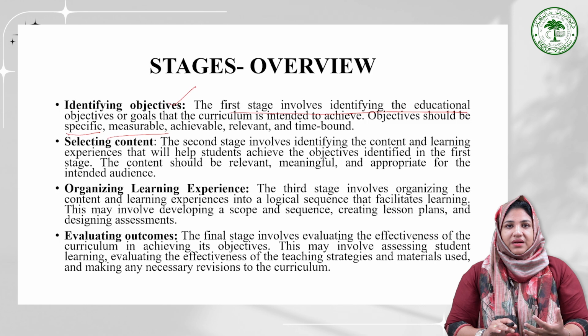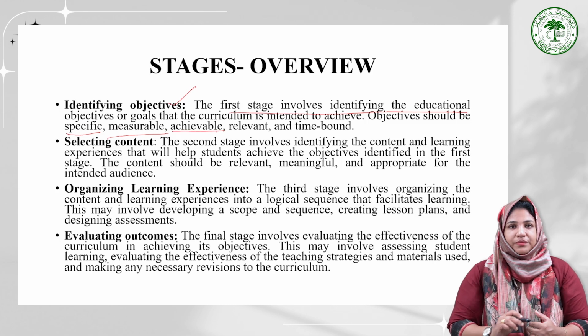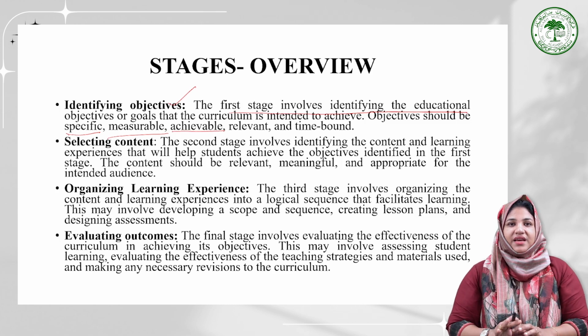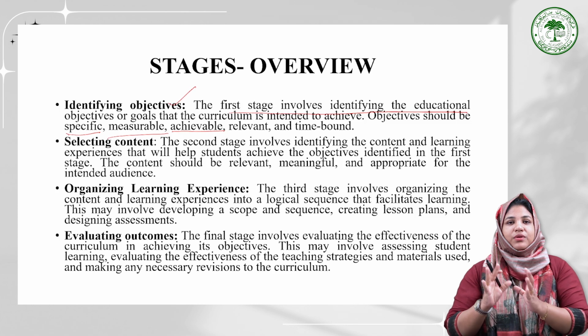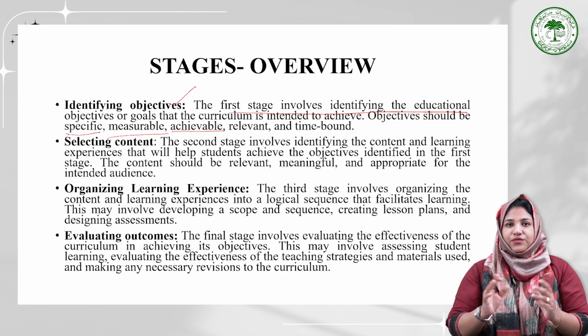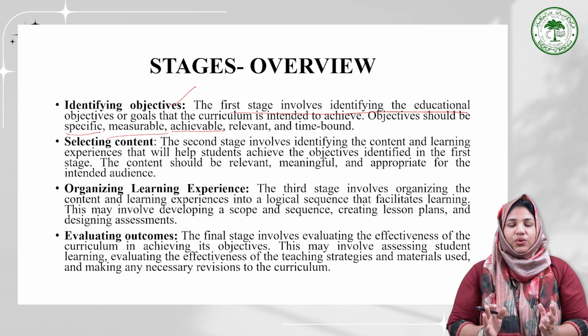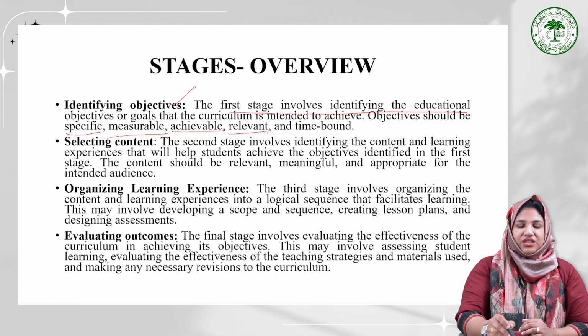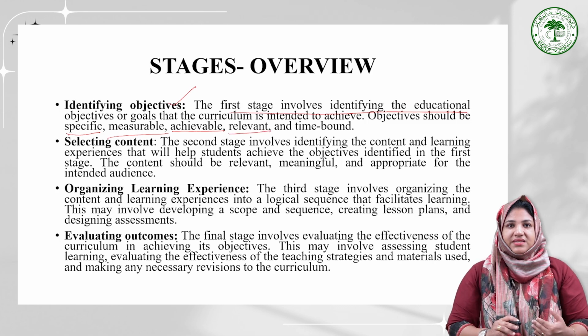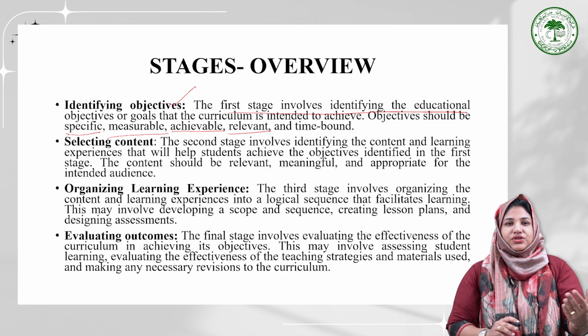When you are keeping an objective, you should know how to measure it, and it should also be achievable. With the existing infrastructure, you should be able to achieve those objectives. If you are not able to achieve it, then don't keep it as an objective. And it should be relevant to the current scenario and relevant to the future also.